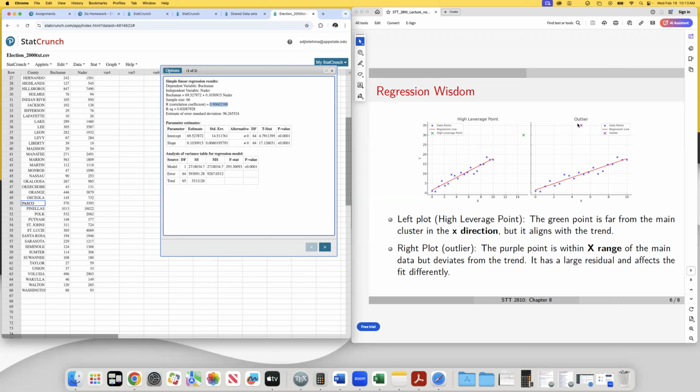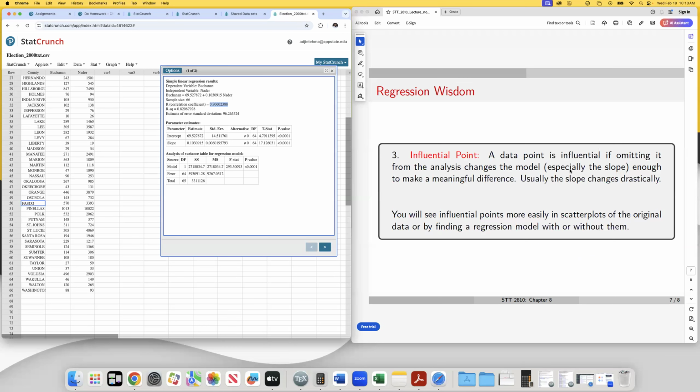The other thing we want to look at is influential point. So an influential point is a data point that, if we omit it from the analysis, changes the model enough to make a meaningful difference. So for example, you see that the slope will change a lot.